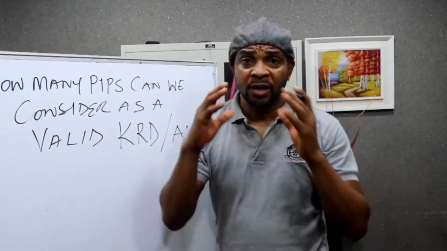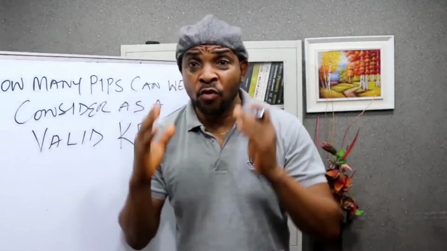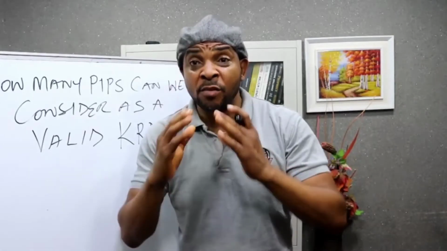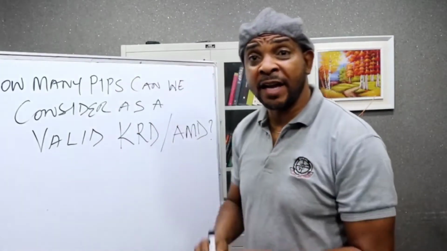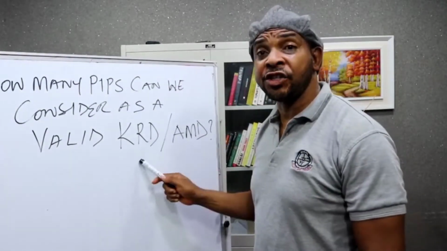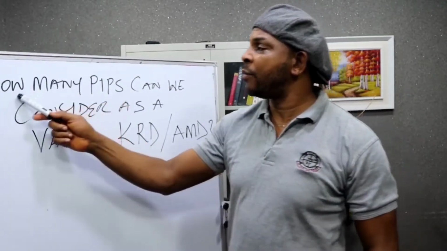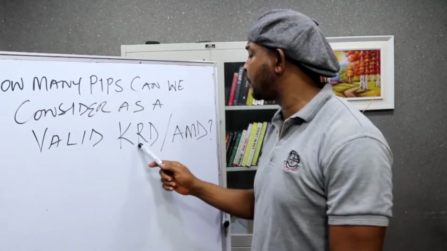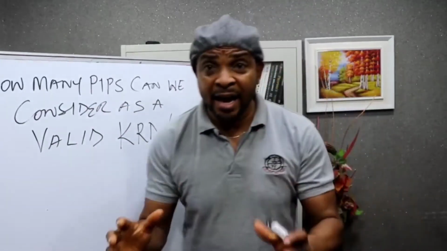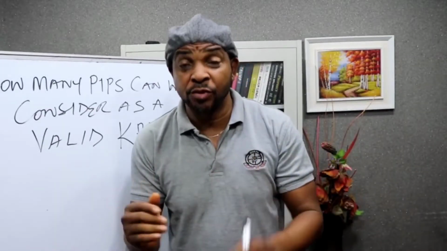That's how it is. Okay, you guys may want to know the number of pips that can be considered as a valid KRD or AMD. So how many pips can be considered as a valid KRD or AMD? Guys, this is very simple.